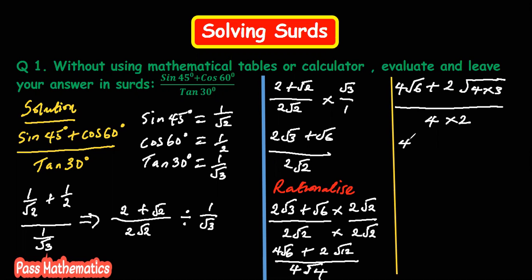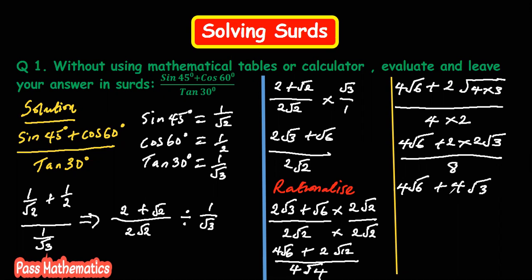So we have 4 root 6 plus 2 times root 4, which is 2, and then we have root 3 in its basic form. Let's not forget 4 times 2 is 8, so we write 8 here. 4 root 6 remains the same, plus 2 times 2 is 4, and then over 8.